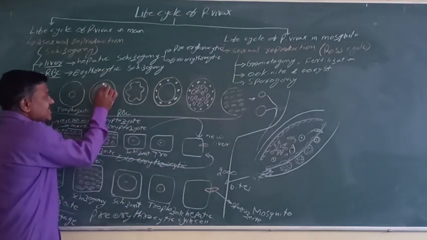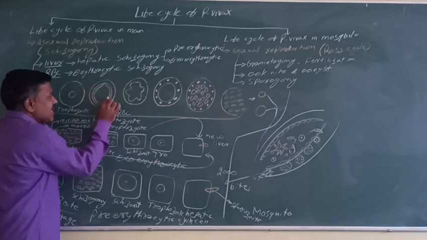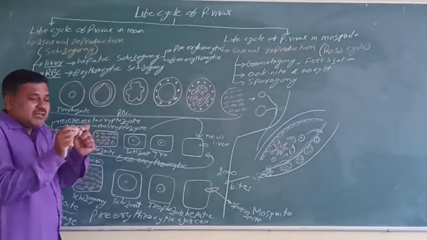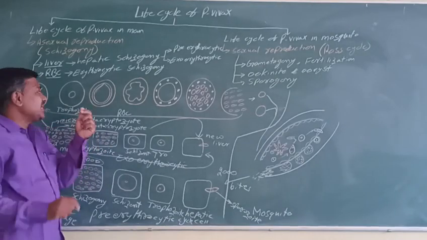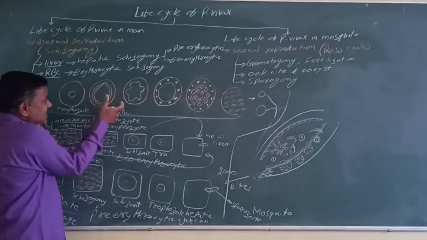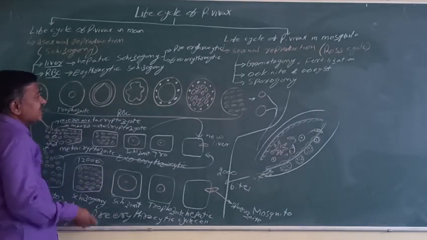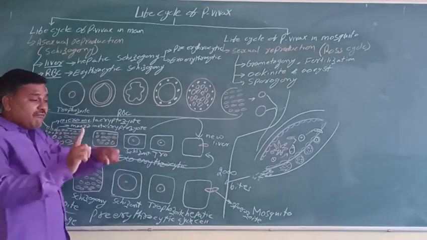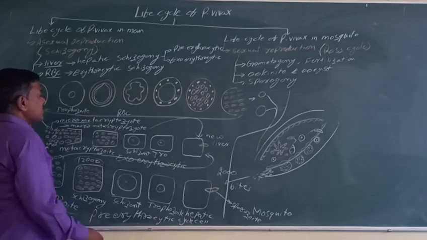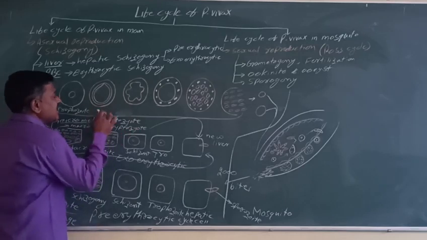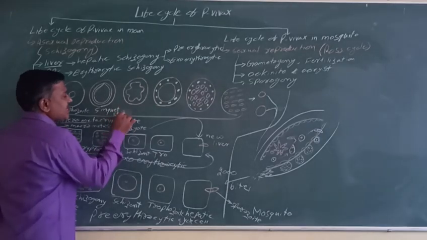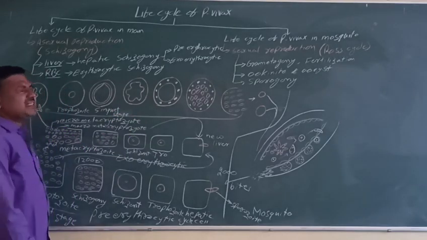As the vacuole size increases, it is responsible for increasing the size of the RBC. As the vacuole increases, it looks like a finger ring. That's why it is called the signet stage.